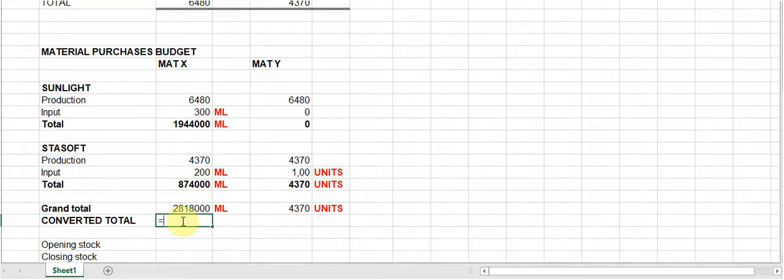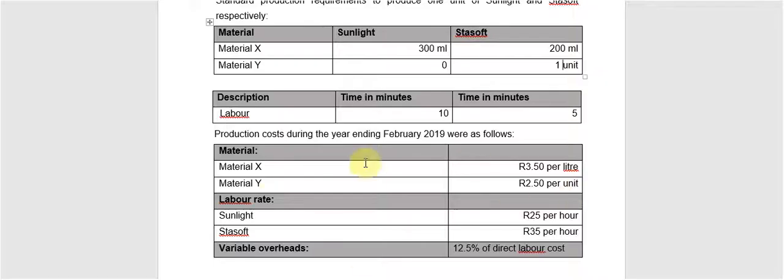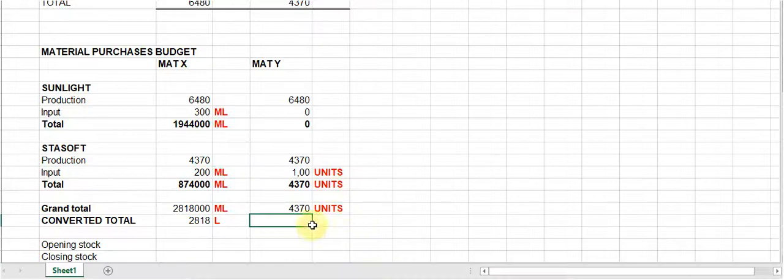There's 1,000, so I need to divide by 1,000, and this will give me an answer in liters. Of course, I'm going to leave the units as they are, because you will find the price was given for material Y per unit. So there's no change there from one measurement to another. It was already given per unit. So I'm just going to leave this as units, so it will be the same.